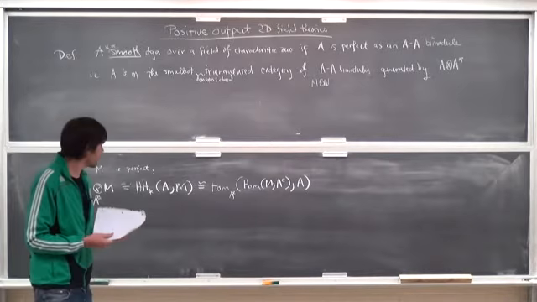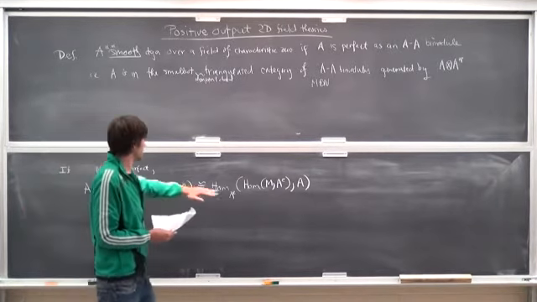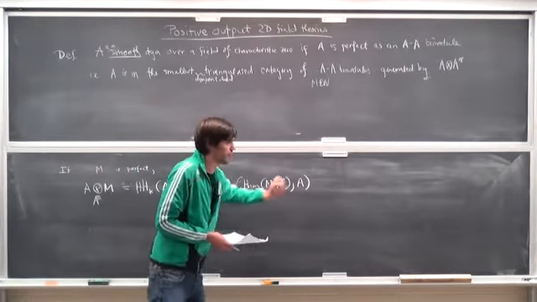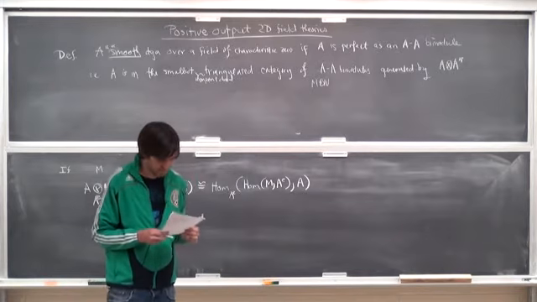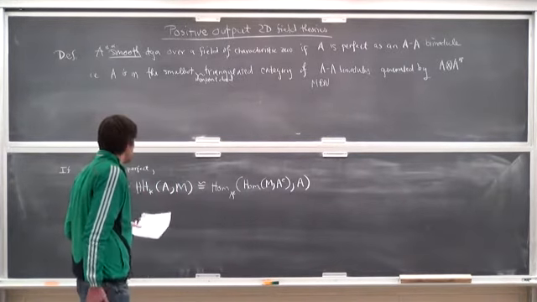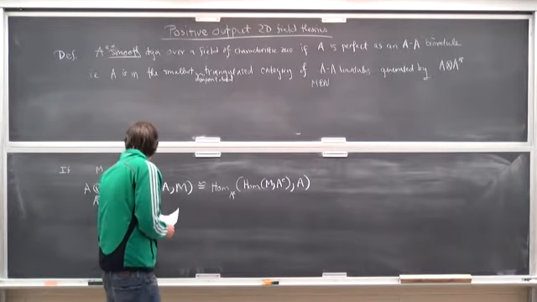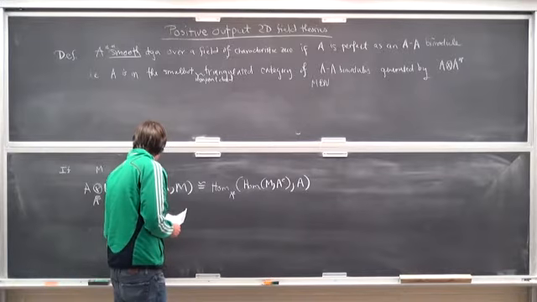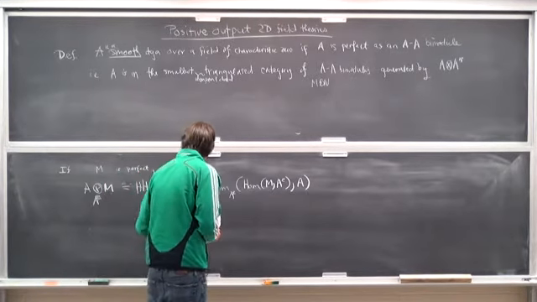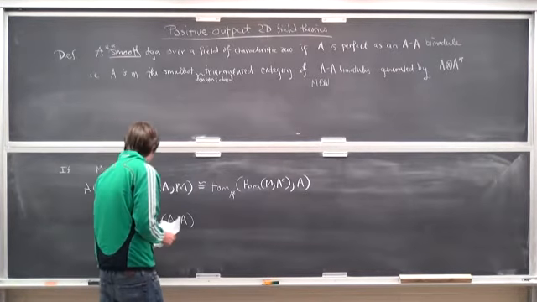In particular, if M is A, you get an element in the Hom complex between this bimodule and that bimodule. So Hochschild homology with coefficients in A also has a circle action given by the Connes operator.